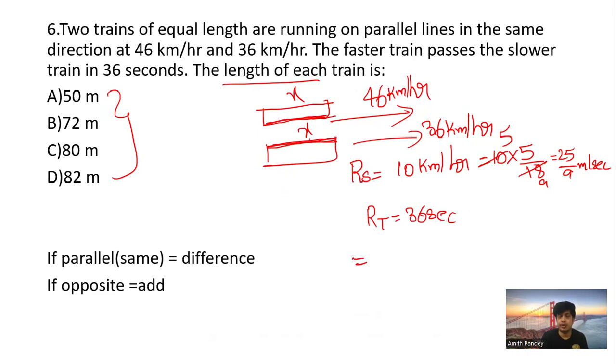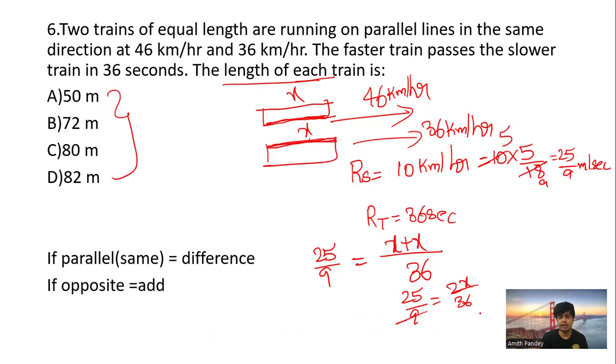So what is the formula for speed? Relative speed is 25 by 9. Speed equals distance by time. The length of each train is x, so x plus x by time, which is 36. We need to find the length of each train. So 25 by 9 equals 2x by 36.